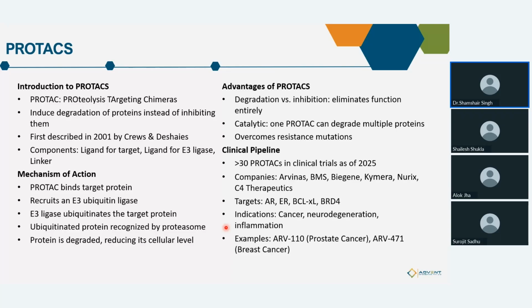What are the different components of a PROTAC? It has three parts. First, the ligand of the target, which binds on the POI, the protein of interest. It can be anything, like a kinase inhibitor, the small molecule of your interest.